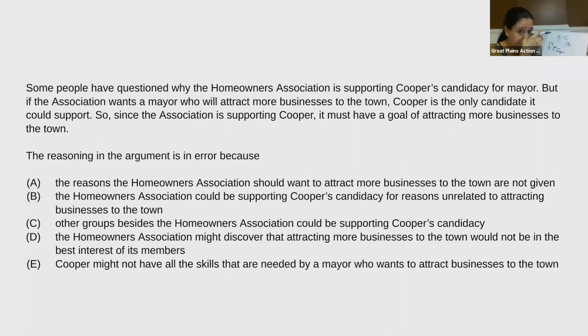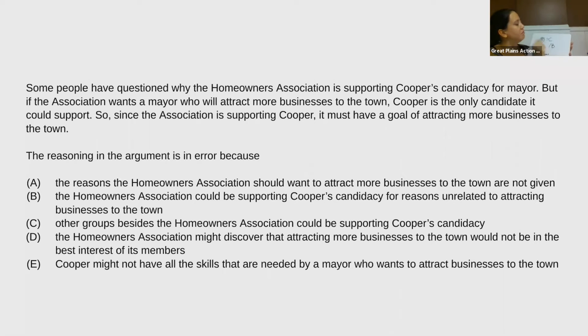B, the homeowners association could be supporting Cooper's candidacy for reasons unrelated to attracting businesses to this town. All right. That kind of gets at what we're saying here. So B is saying that Cooper's candidacy could be supported for reasons other than attracting businesses to the town.